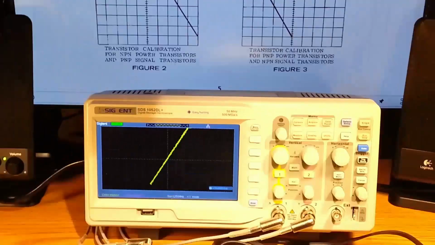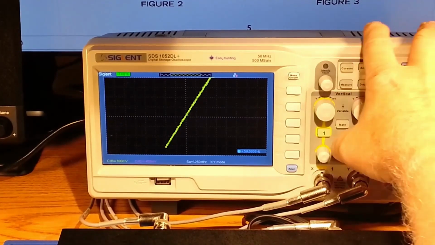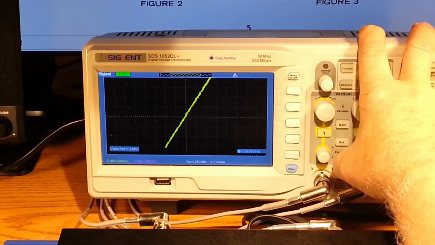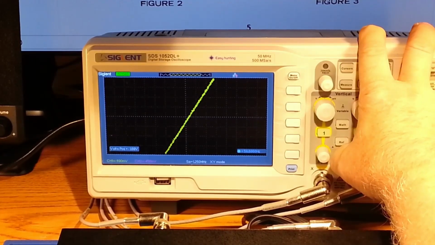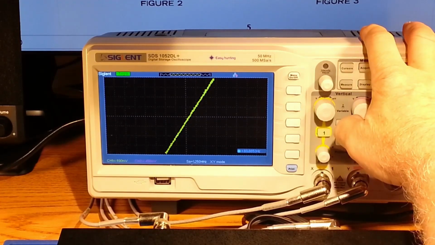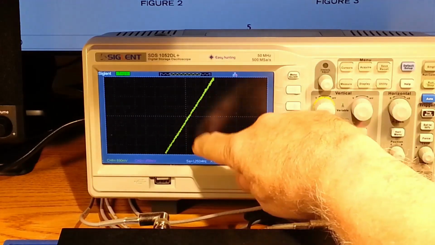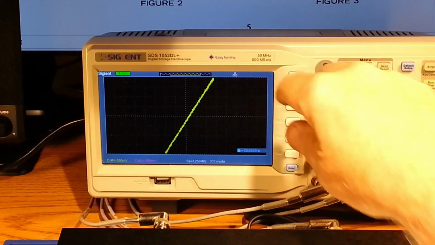So I can adjust to that, and what that should do is allow me also to work with the calibration on the knob on the unit to extrapolate the gain on that particular transistor for the drive that's on it. Now we've got 1, 2, 3, 4, 5 by 8.